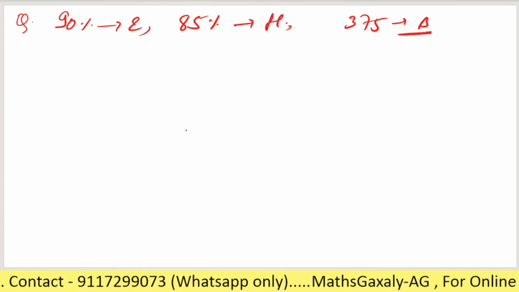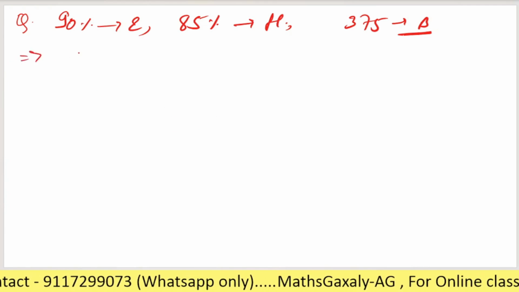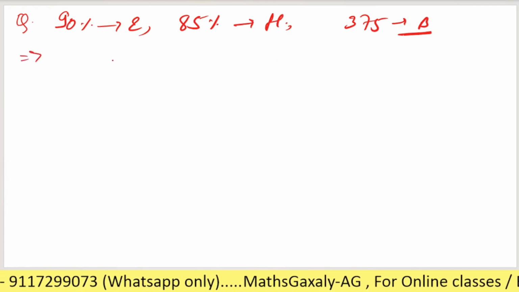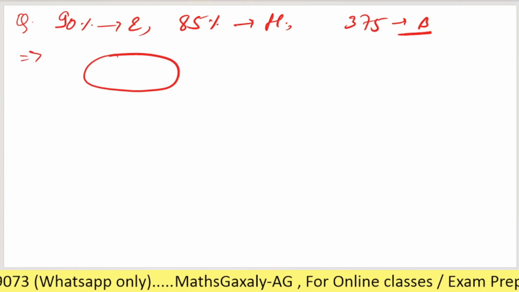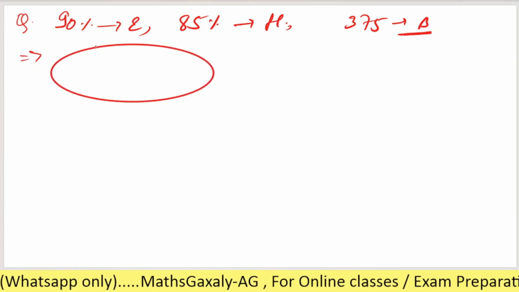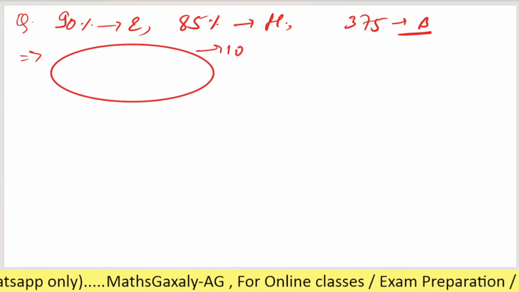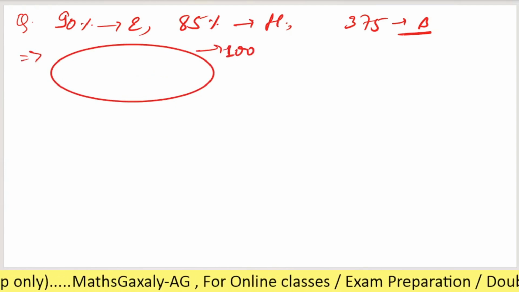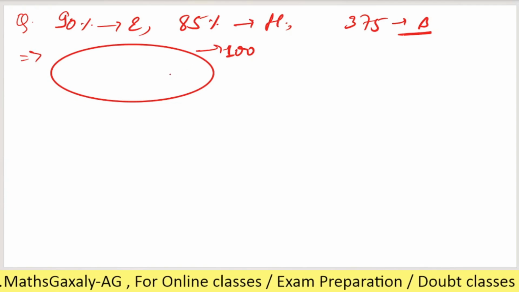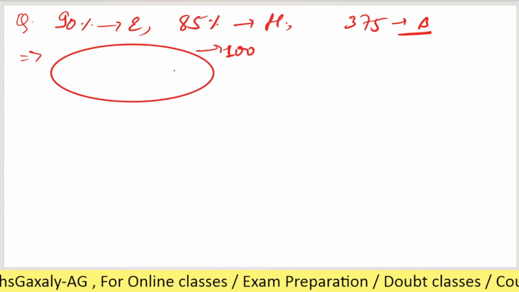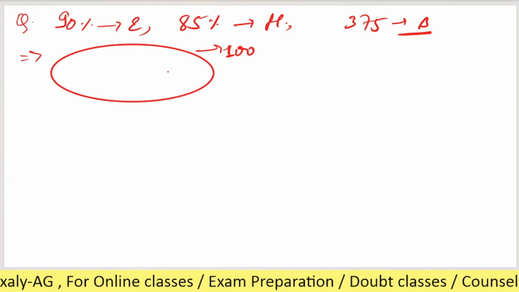Okay. Let's see how we will do this type of question. Suppose the total is 100. You can also take the total number of students as 100. As it is saying, 90% of the students passed in English.